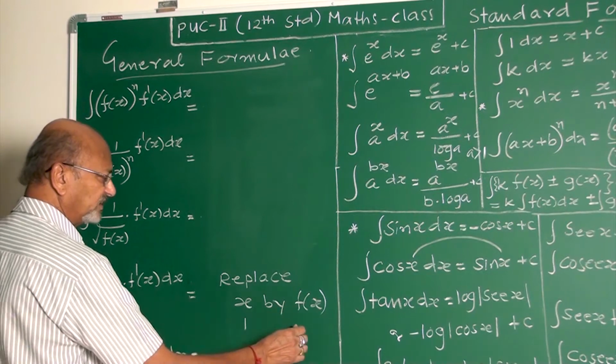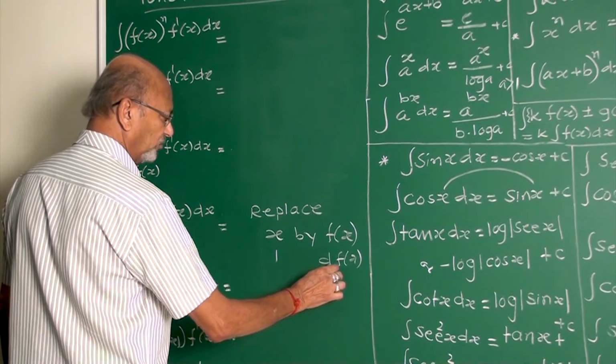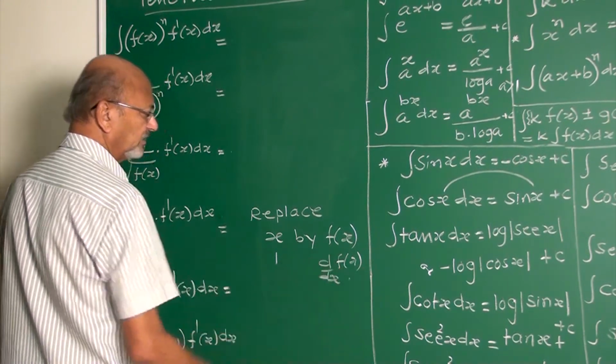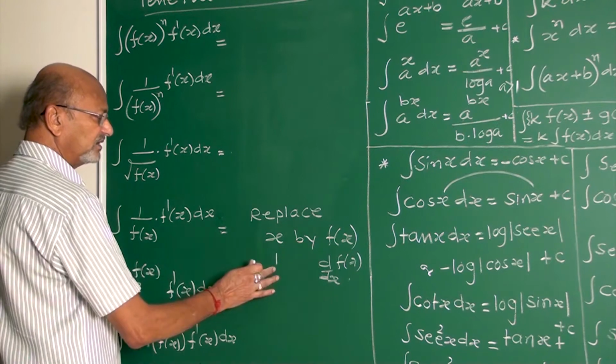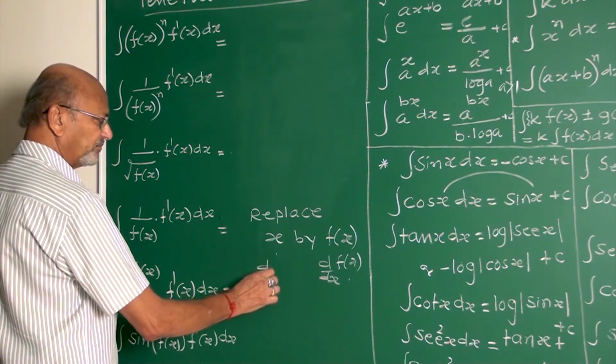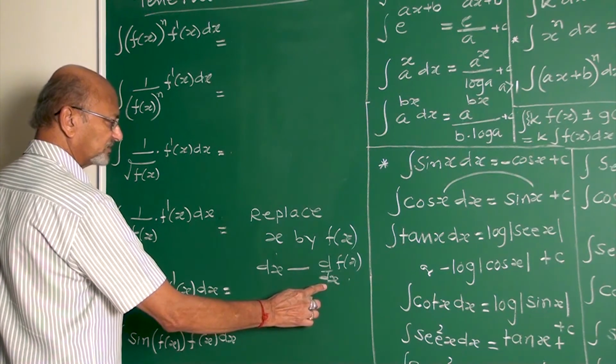If it is f(x), what is the derivative of f(x)? It is the derivative of f(x) itself, or f dash x with respect to x. Then, my friends, replace your x by f(x) and dx by the derivative of f(x) with respect to x.